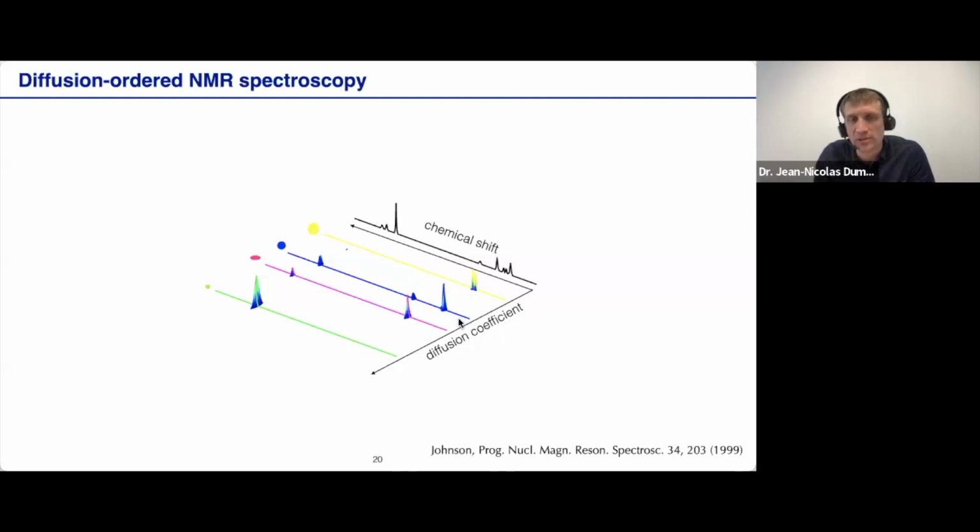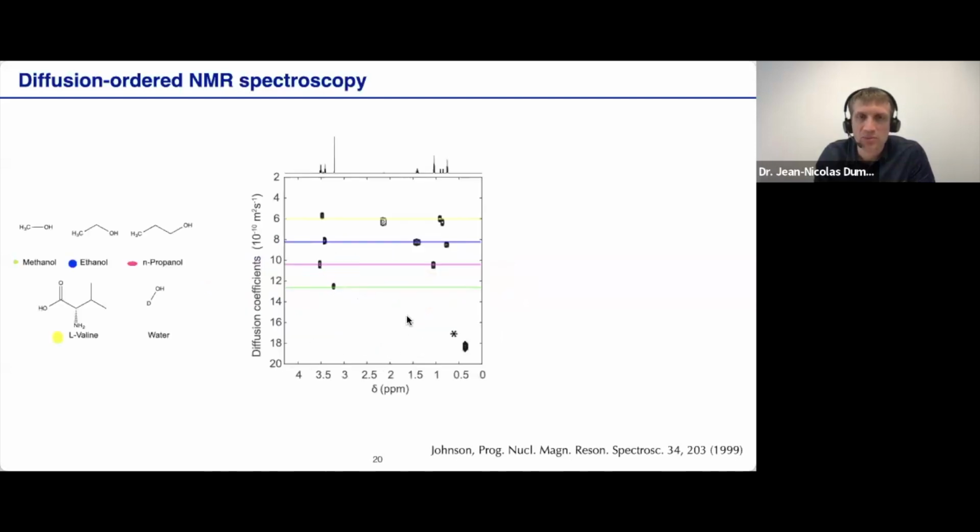This is illustrated here with a simple mixture of small molecules, and these results are typically displayed as a contour plot like any other 2D experiment, where we can see here the different lines corresponding to the different compounds in this mixture. So this is typically applied on samples that are in an NMR tube.